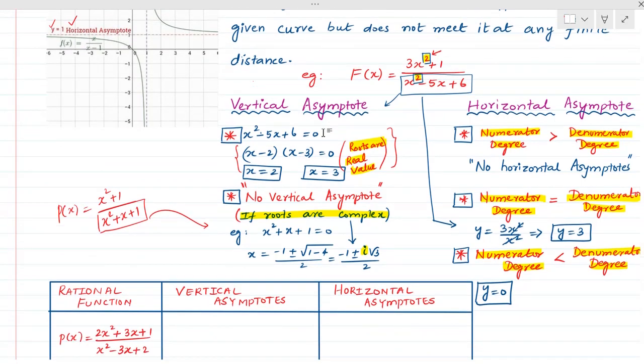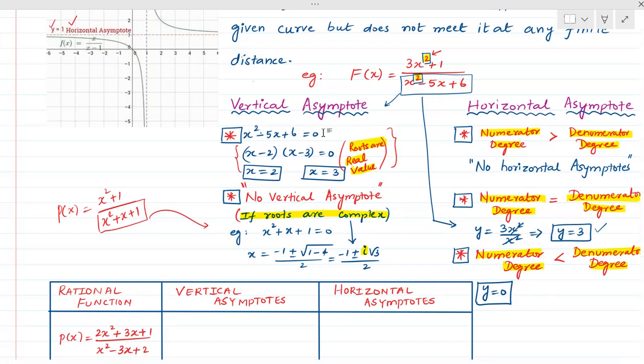When the degrees are equal, like the case here, we have 3x square in the numerator and x square in the denominator. Therefore the degrees of the denominator and numerator are equal, so I will take the leading coefficients along with the power. Upon cancelling, you will get y equal 3 as the horizontal asymptote.